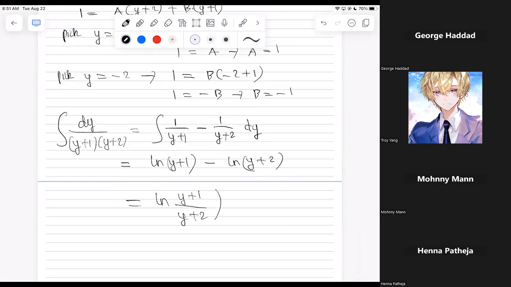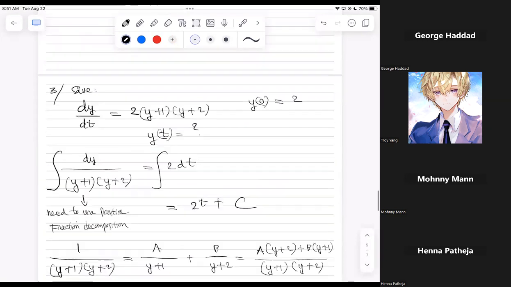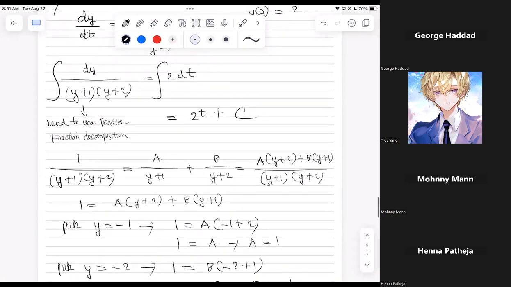Because ln of a minus ln of b is equal to ln of a over b. So the left hand side of the equation, I get ln of y plus 1 over y plus 2. The right hand side is 2t plus c.